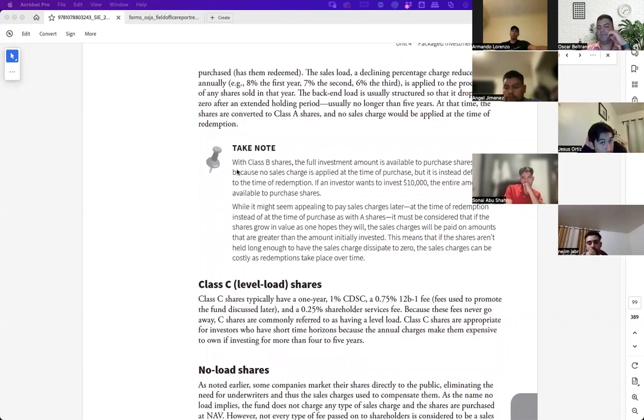This note tells you the disadvantage of doing so between Class A and Class B. All right, so what does the first paragraph mean? What does this part here mean?